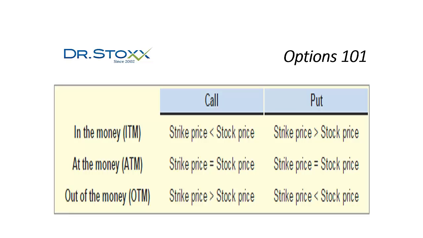If Apple is trading at 106, then the 107 call option is out of the money. If Apple is trading at 108, then the 107 call option is in the money. If Apple is trading at, say, 107.10 or 107.12 or even 106.88, we'd likely still call that an at the money call option.